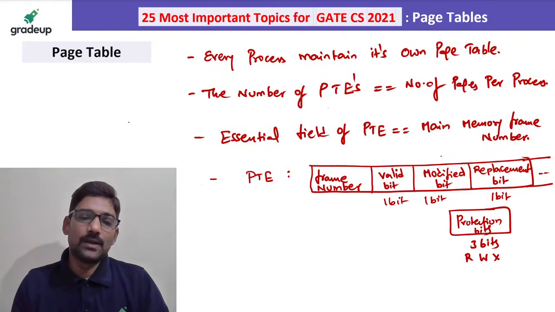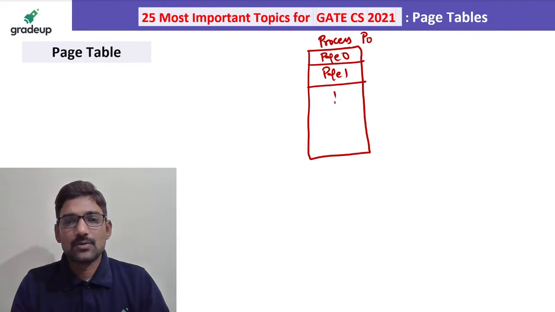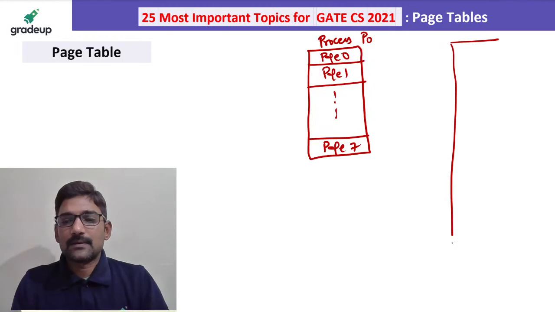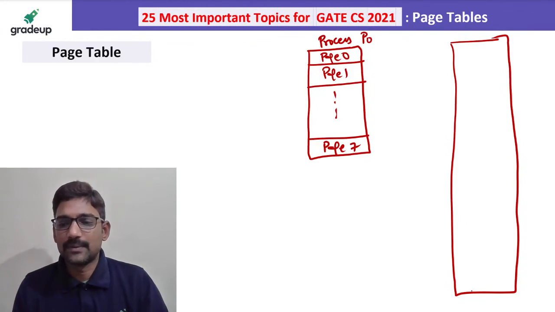Okay. Now observe, we are dividing a process into pages. Let's say this is the process P0, divided into 8 pages: page 0, page 1, so on to page 7. These pages are stored in non-contiguous locations of main memory.